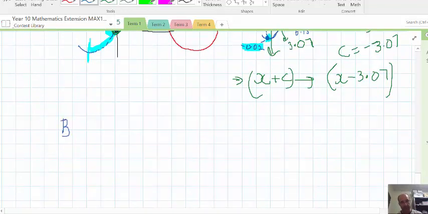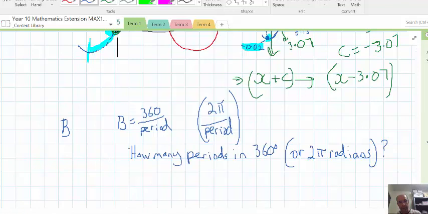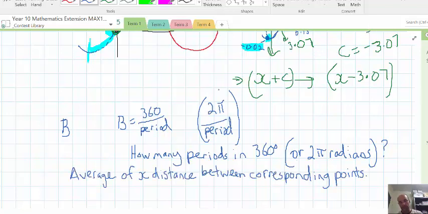So now let's look at B, and parameter B is related to the period or the wavelength. From our previous work, B is 360 over the period, or 2 pi over the period if you're working in radians. So B in a sense is telling us how many periods fit inside 360 degrees, or how many periods fit inside 2 pi radians.